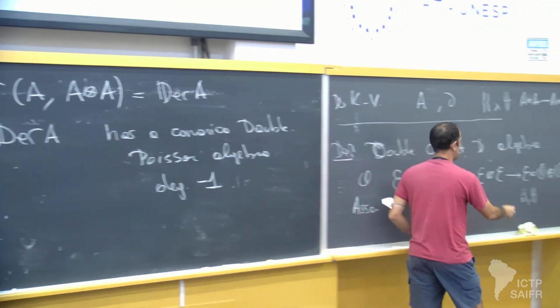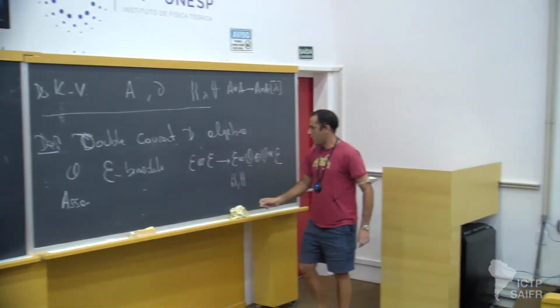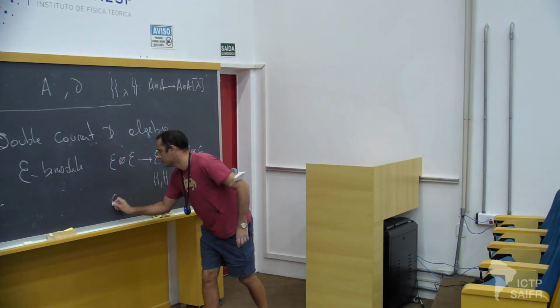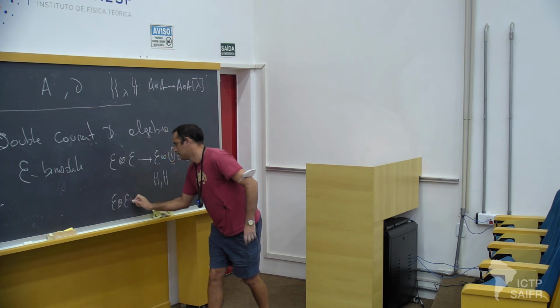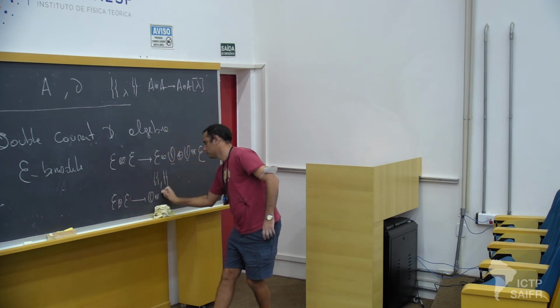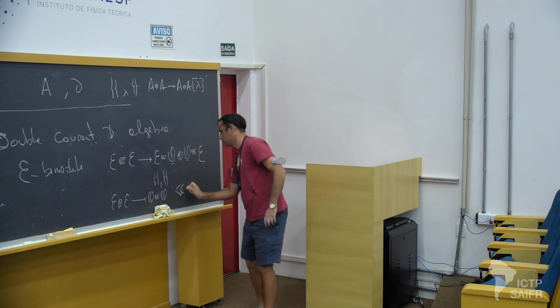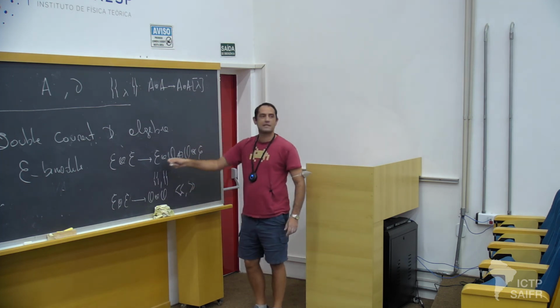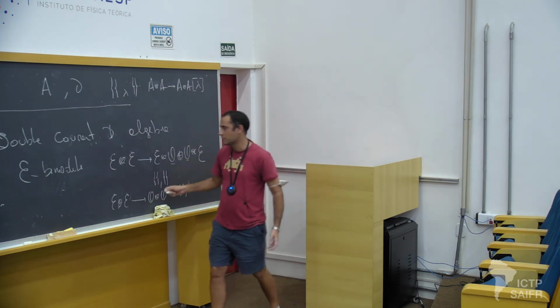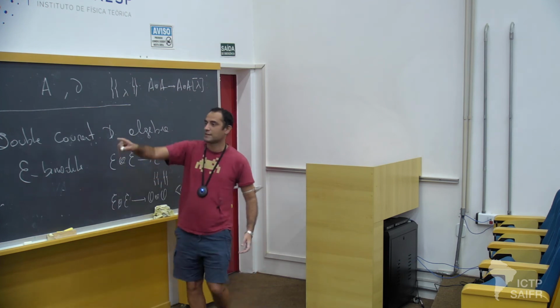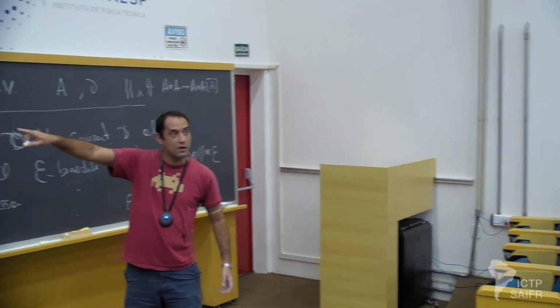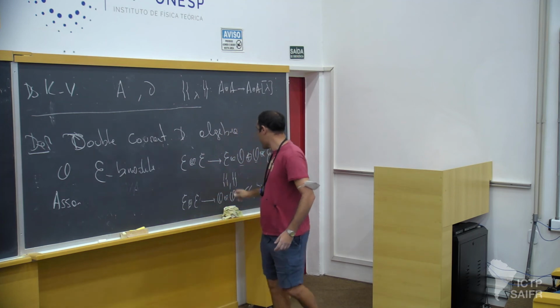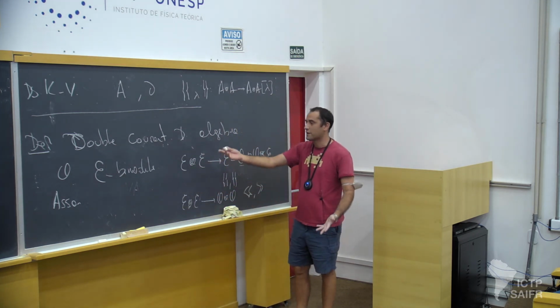And that's why you have these factors of O here. And you have a pairing, which is symmetric. This satisfies the same axioms as the Courant-Dorfman algebra. This is like a Lie bracket. It satisfies the same skew-symmetry and Jacobi condition. And this pairing is invariant for these modulo derivations.